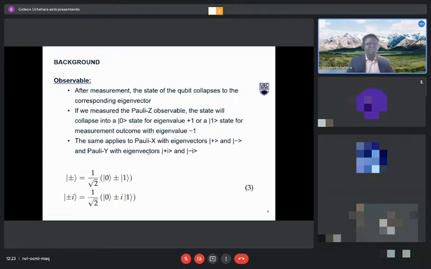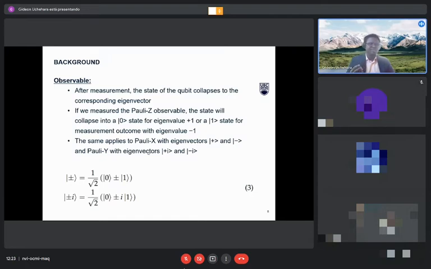What happens when we measure the Pauli observables is that if we measure a qubit in a particular state, then the value we get is the eigenvalue of that observable, the Hermitian matrix.